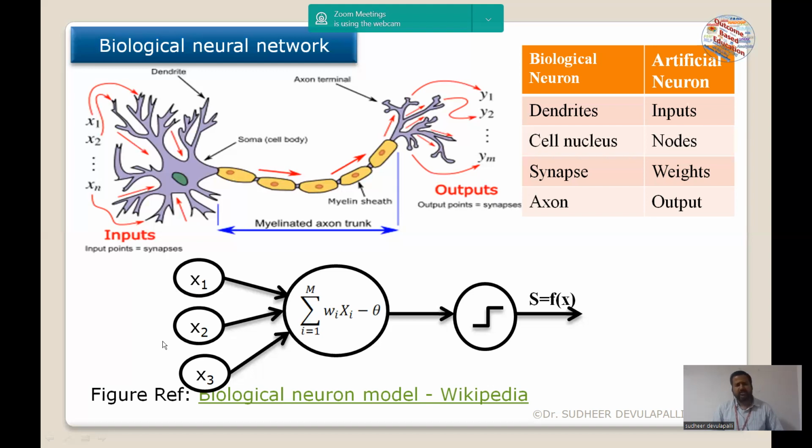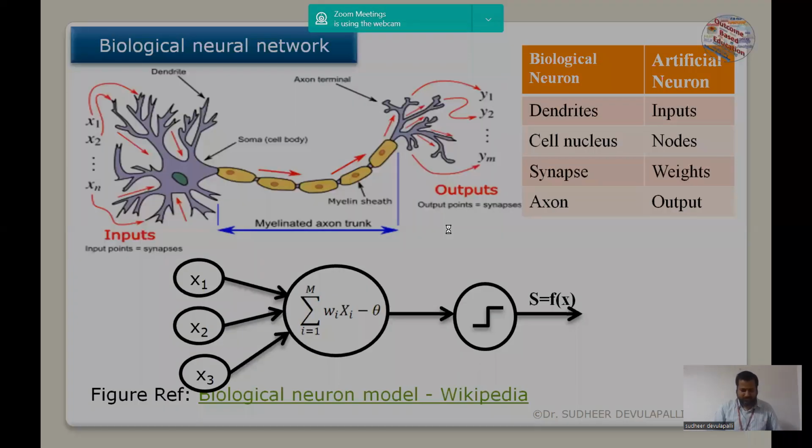Here we send the inputs x1, x2, and so on, xn, and the output of this cell body is connected to an activation function, where f of x gives the output. This activation function will tell you whether this neuron will be fired, or whether it will give the classification output, or whether it will be connected to the next neuron and carry the information from one neuron to another. Based on the activation function, we can tell simply whether the neuron is activated or not.